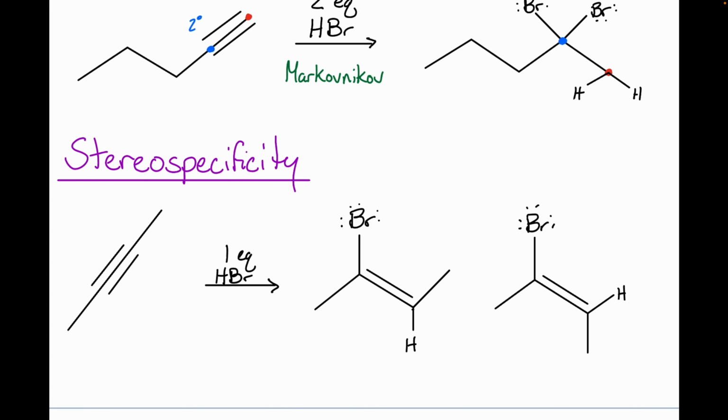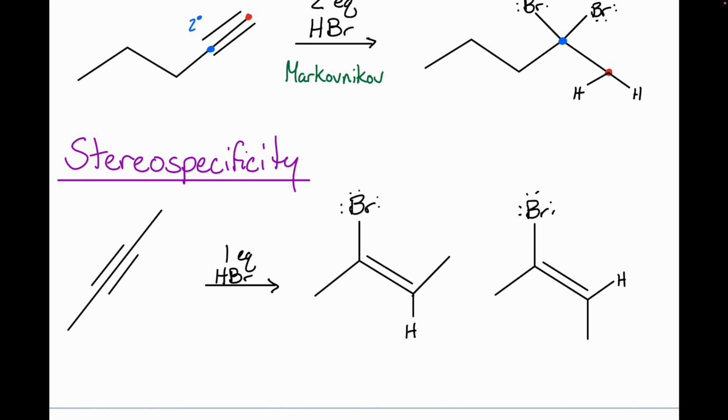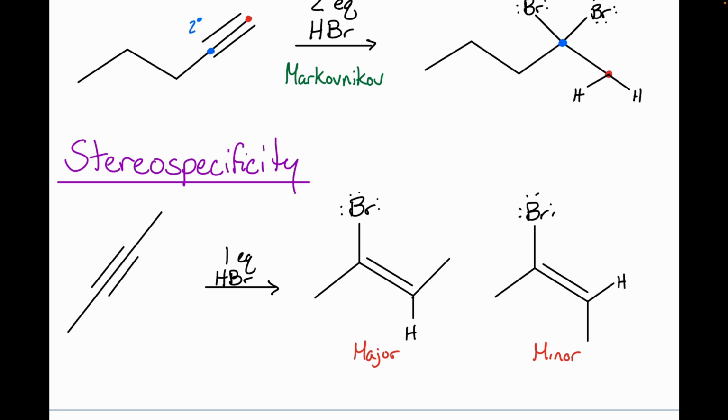They're not produced equally though. Unlike before, I got a mixture of syn addition, anti-addition. I had a perfect racemic mixture. Here we don't have a perfect racemic mixture. It turns out that this is my major product, and this is my minor product. So why is that the case?